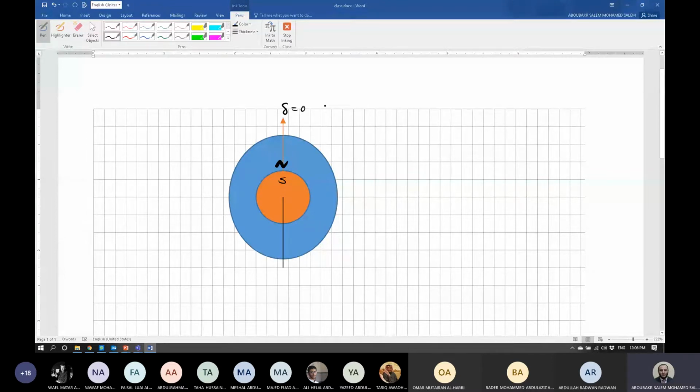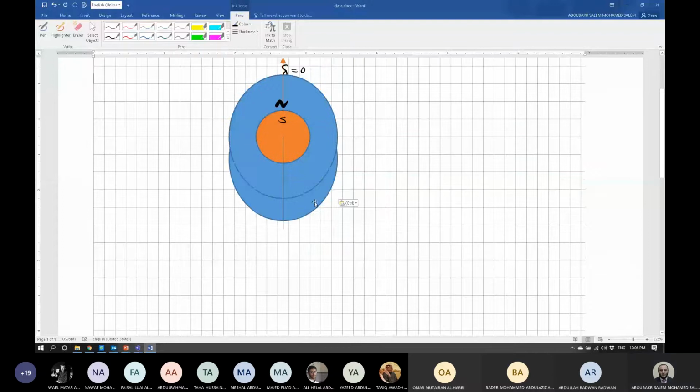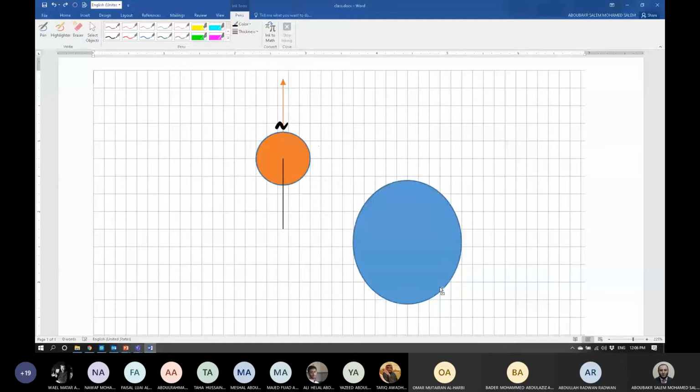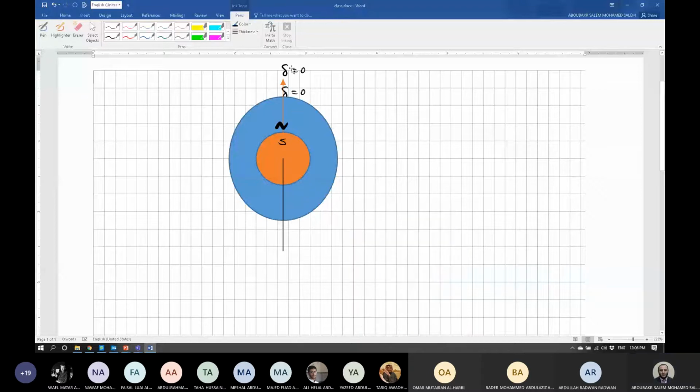طيب, if we now loaded this motor, if we load the motor يا شباب, we have an angle between the stator and rotor axis. يعني now this is the rotor axis, شباب.